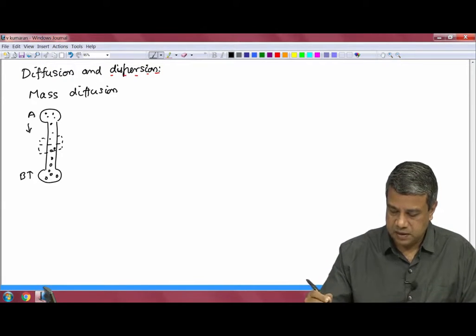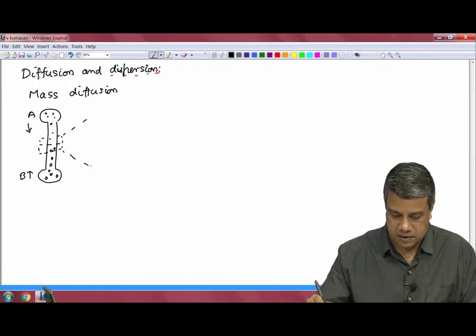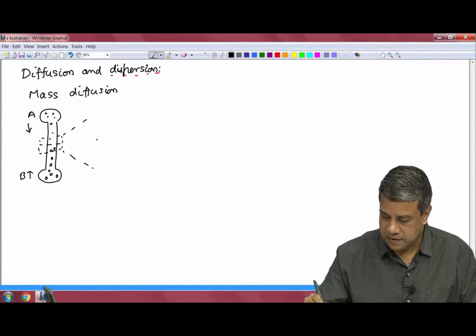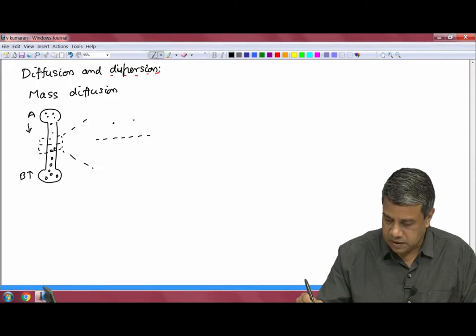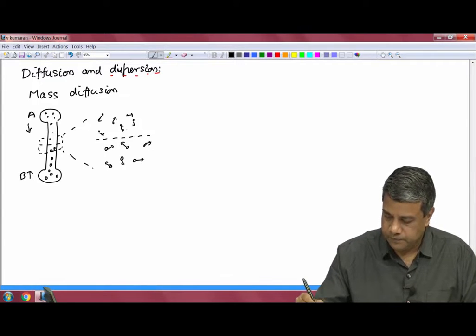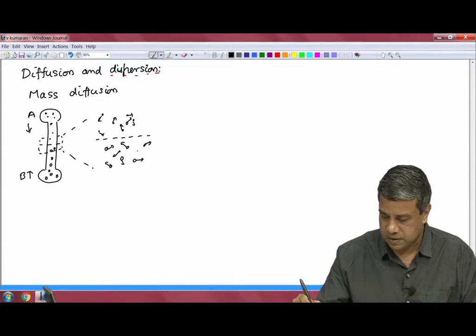So, if I expand out this region, what I have is the separation. You have molecules of one kind having fluctuating motion here, and molecules of another kind, and some of these molecules would have diffused across as well.